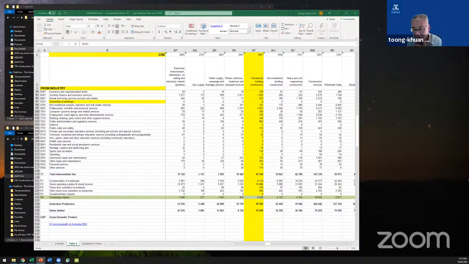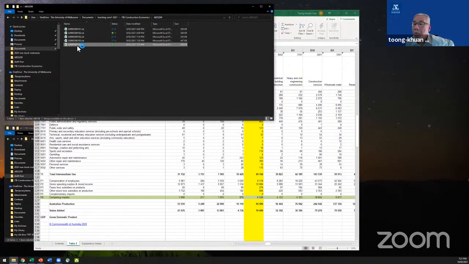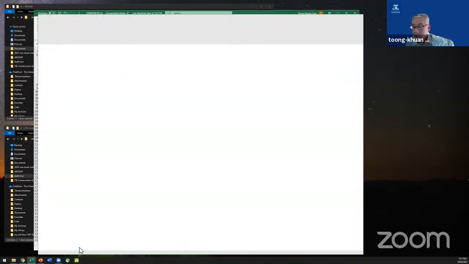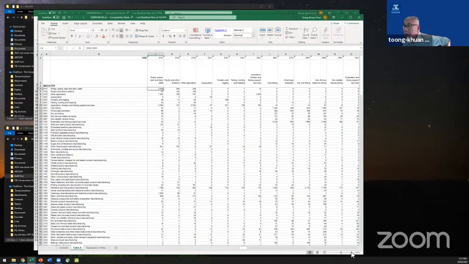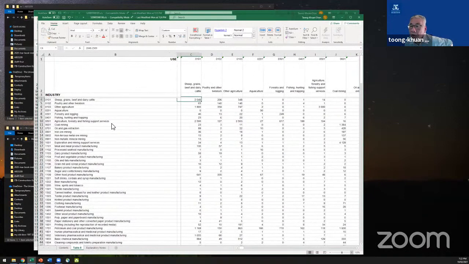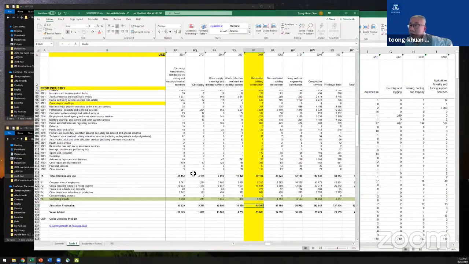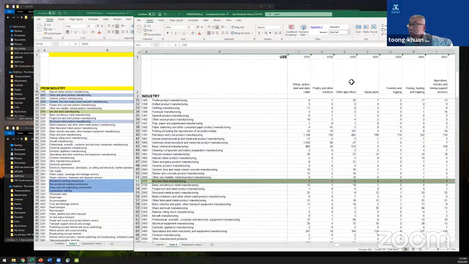Now, there is another table, that is table 8, which I will open now. Table 8, and I will have to zoom in a little bit and compare. So now I'm looking for 52 iron and steel.